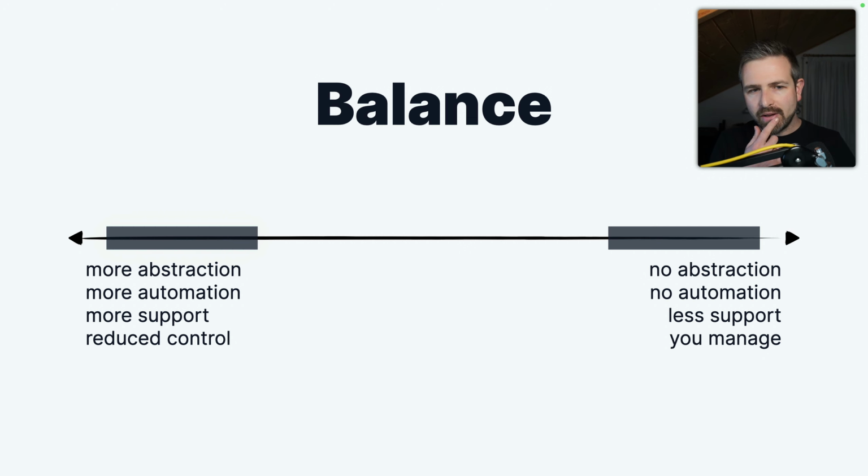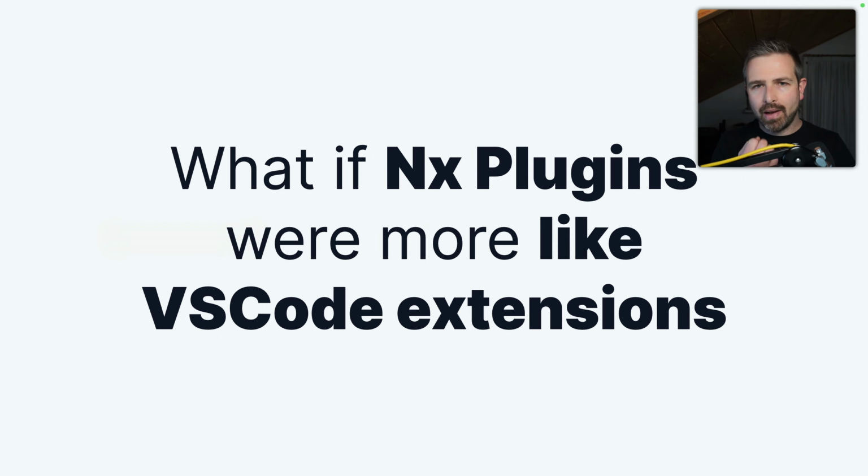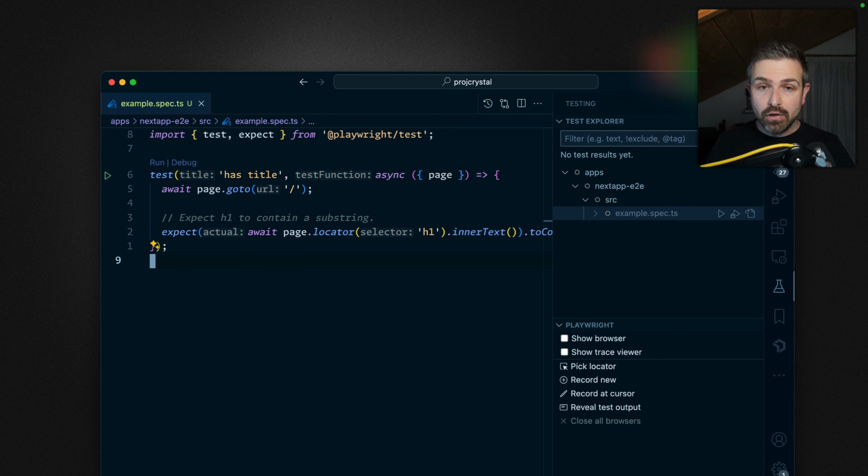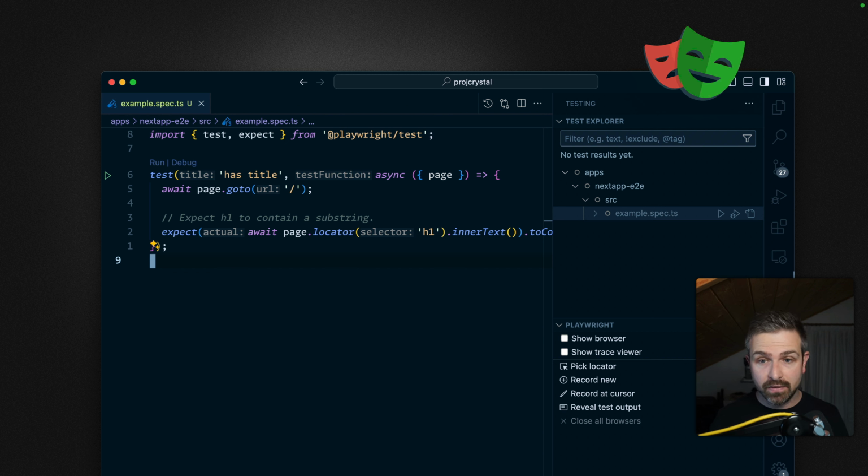So we at the Nx team have been thinking about what if plugins would be more like VS Code extensions? For example, if you have an existing project in VS Code and you add the Playwright plugin, it will automatically detect that there is a Playwright config and enhance your existing workspace. So you get those buttons alongside the tests that allow you to easily run them with the click of a mouse.